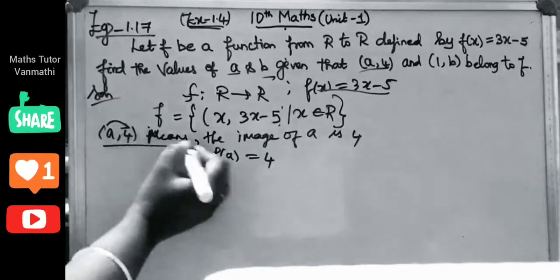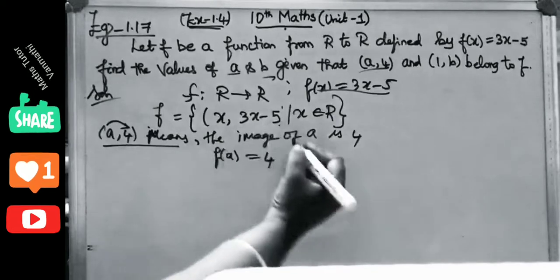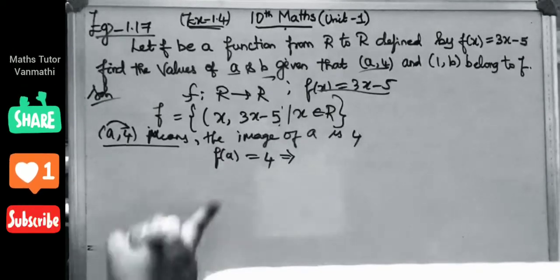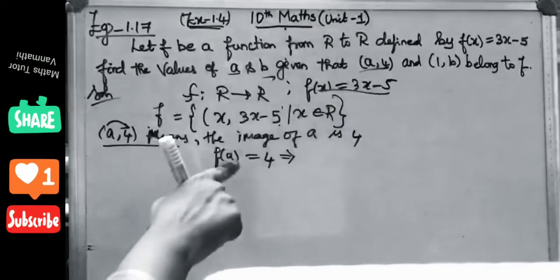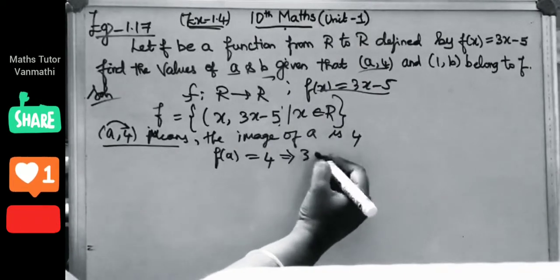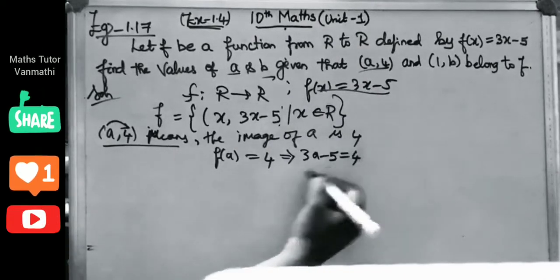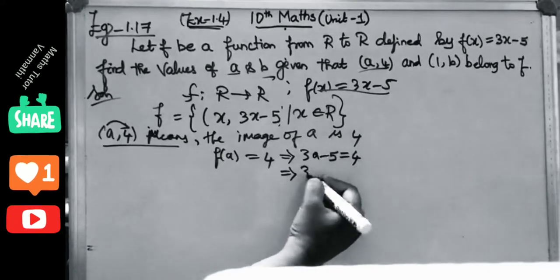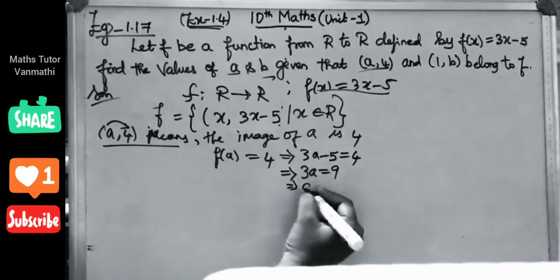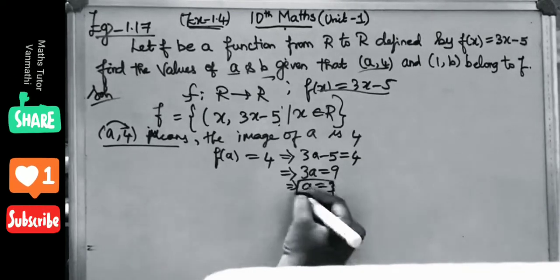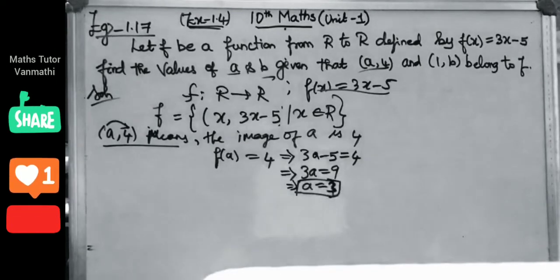We can represent it like this. From this, f(x) is nothing but 3x minus 5, with a in the place of x. So 3a minus 5 equal to 4. From this you get 3a equal to 9, which implies a equal to 3. This is your a value.